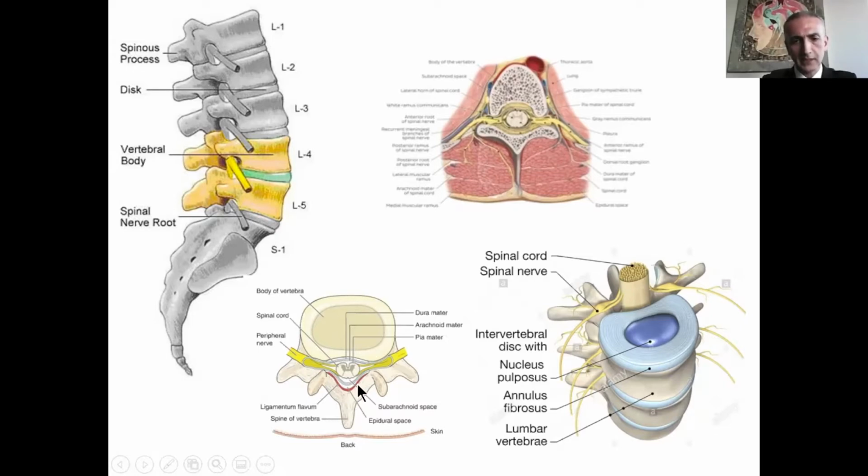You can see the arch of the vertebra, the vertebral body, and in the middle the spinal canal where the spinal cord is. On both sides, this yellow structure, the nerve roots exit, one nerve root on each side.